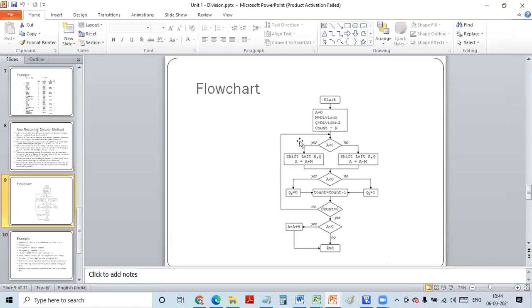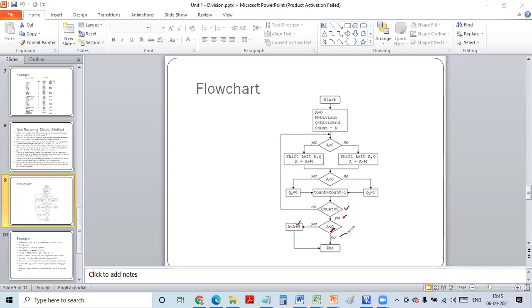After this, as and when your count reaches 0, if the result of the last subtraction is less than 0, then you have to add the divisor to it to get the correct remainder. If the result is positive, then you don't need to add anything.